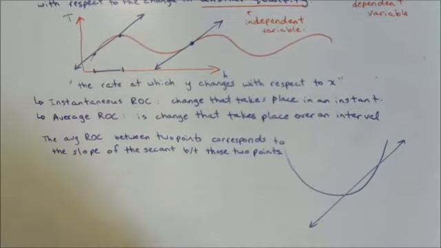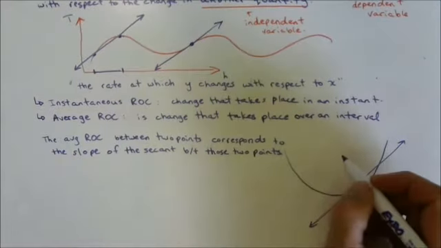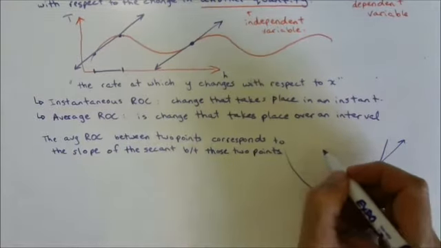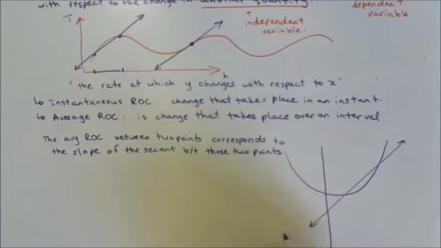For example, the average rate of change of y, and I'll just draw my axes somewhere there so you can see that we're on the coordinate plane.